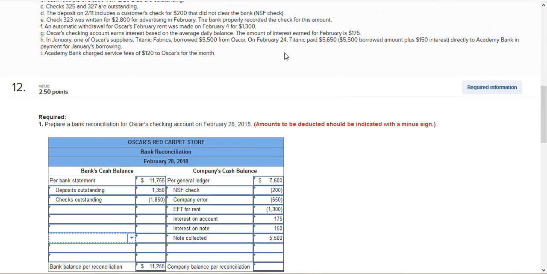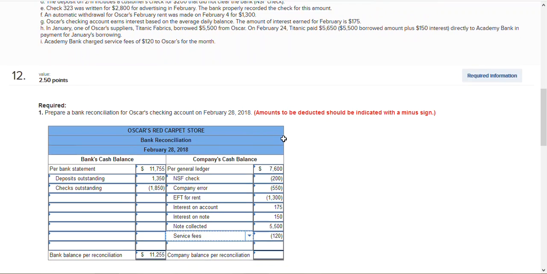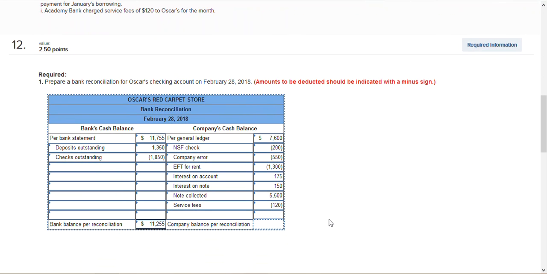And let's see, that takes us to I. Academy Bank charged service fees of $120. So they took $120 out of our account. So that's a subtraction, and those are some kind of bank fees or service fees. And that was all the way to I, so there shouldn't be anything else. But let's add all these together.